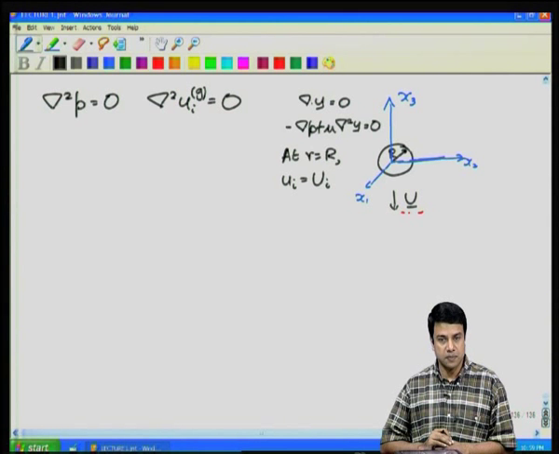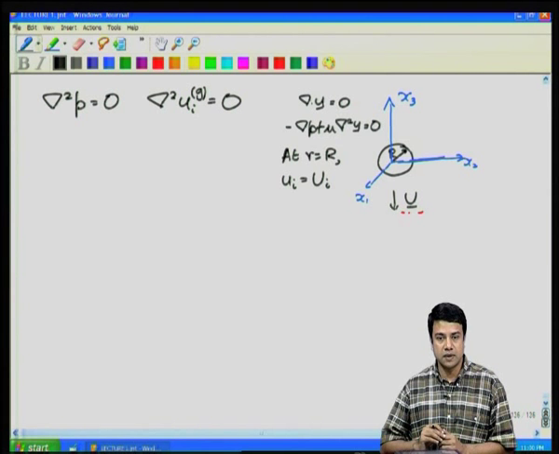One was using separation of variables in the r, theta, phi coordinates, and in that case we got a solution in terms of the Legendre polynomials in theta, cos and sine in the azimuthal direction, and in the radial direction you had growing and decaying harmonics.